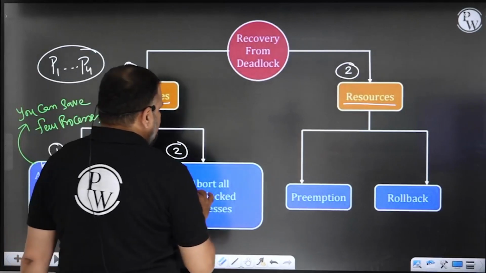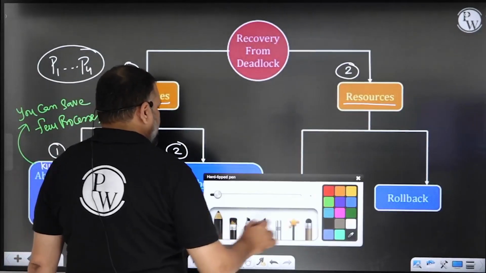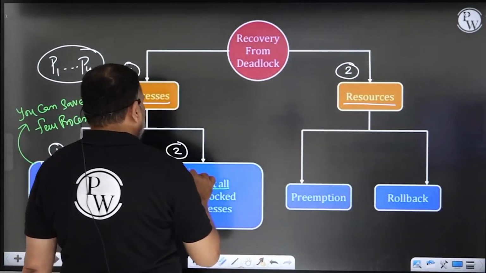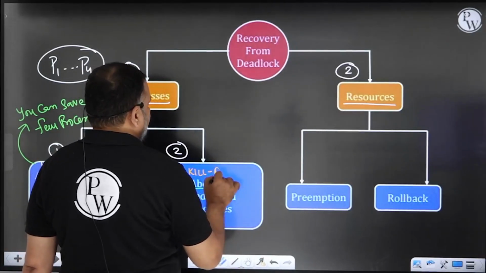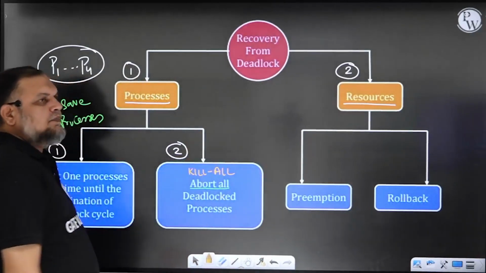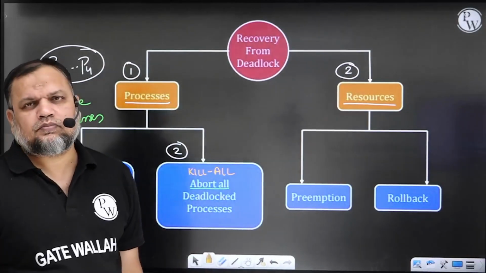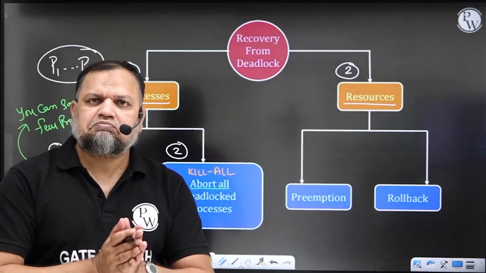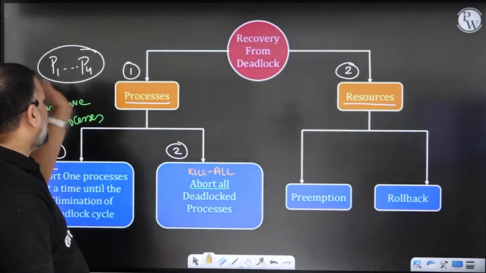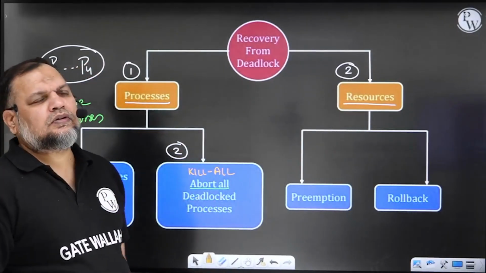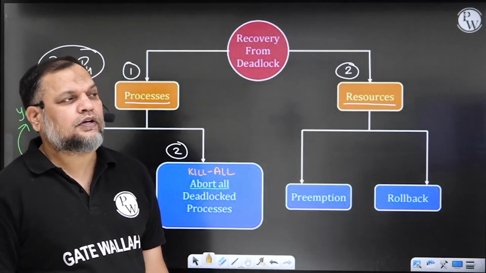This other strategy is abort all, or kill all the deadlock processes, P1 to P4. The advantage is there is no need to apply the deadlock detection test; deadlock is overcome. The drawback is that some important, high priority processes will get killed.